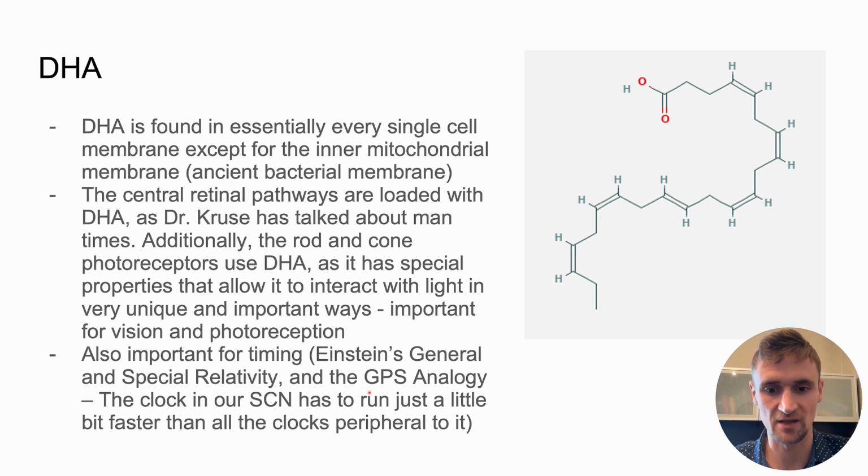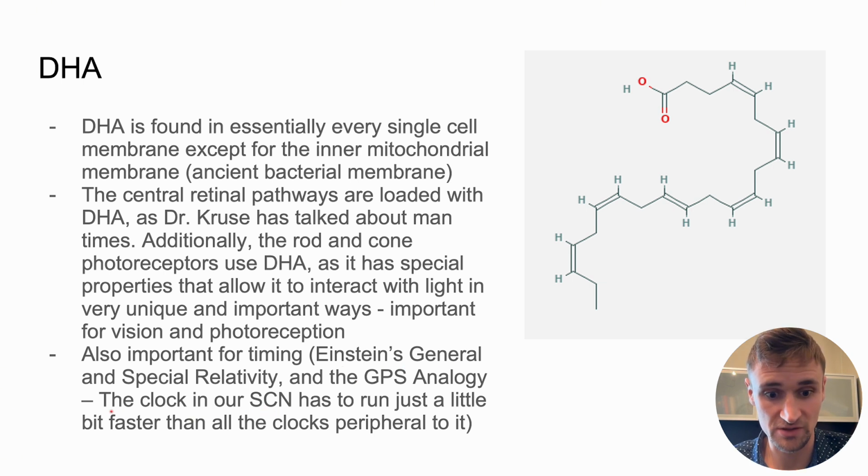And so the GPS analogy that he uses is that basically Garmin has a satellite orbiting the Earth, and the clock in the GPS or in the satellite, in the Garmin satellite, or in the Verizon satellite, needs to run 38 microseconds faster than the clock in the phone that's receiving the signal from the satellite. And that's due to Einstein's general and special relativity.